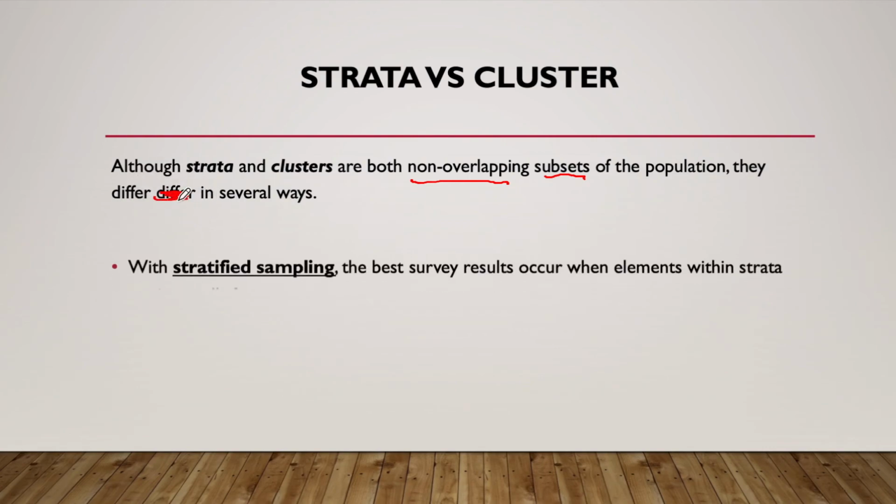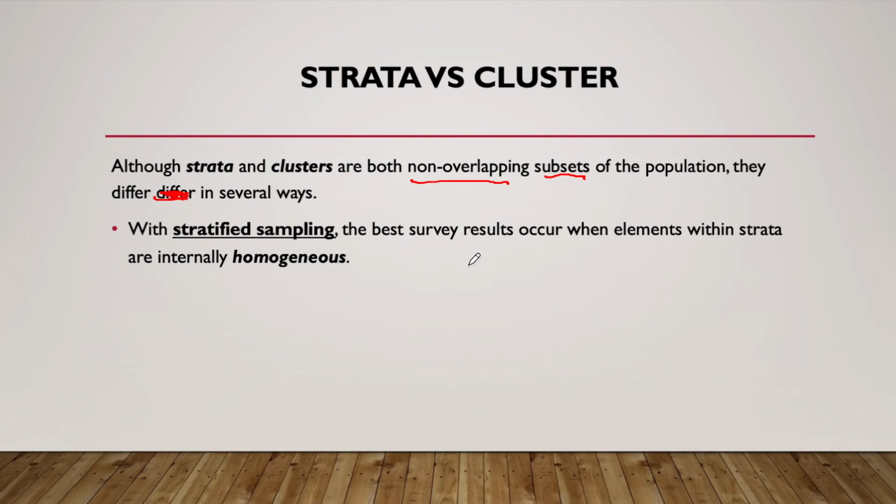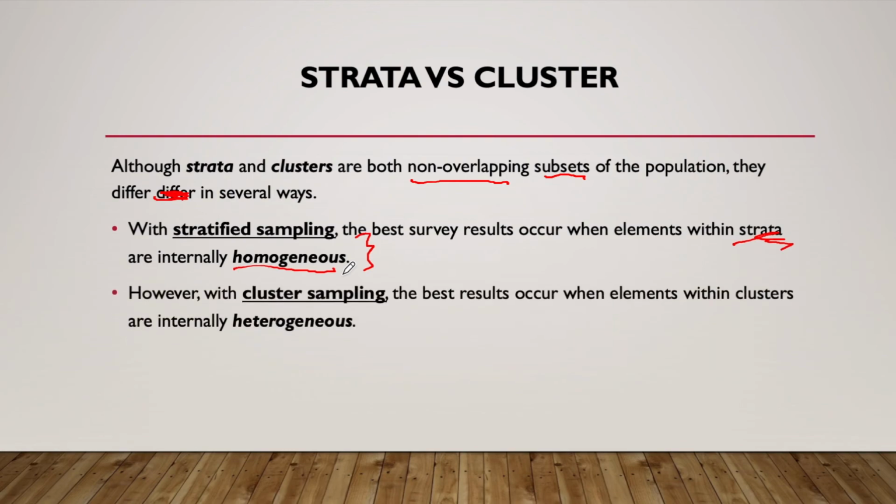Number 1, in stratified sampling, the best survey results occur when the elements within each stratum are internally homogeneous, which I said in the stratified random sampling part. However, with cluster sampling, the best results occur when elements within each cluster are internally heterogeneous.